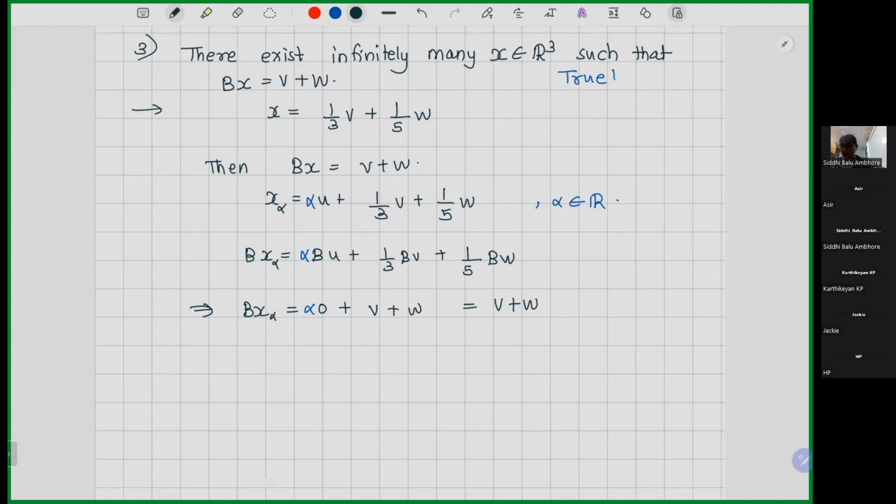If you want, you can go ahead and find the coefficients of v, w, and u, and in that case you will also get infinitely many. That's not a problem. But this much is enough to prove that there are infinitely many x. Is it okay?